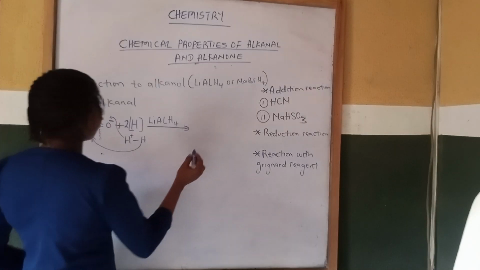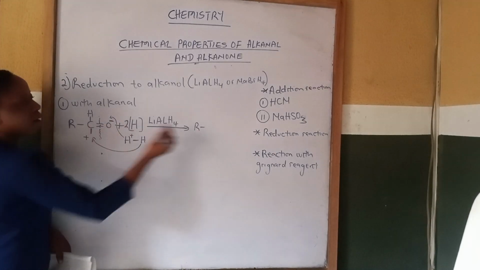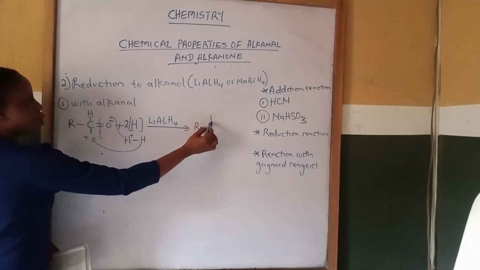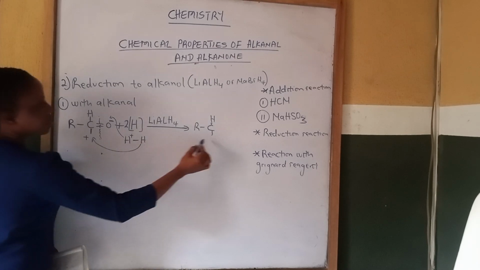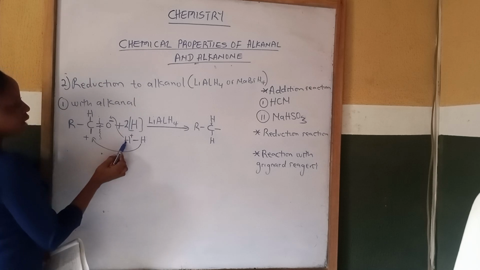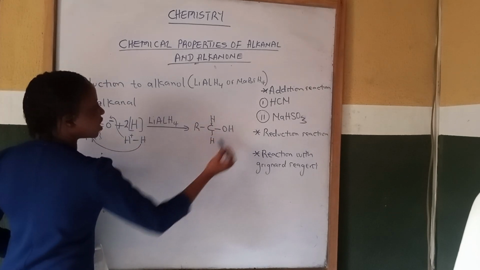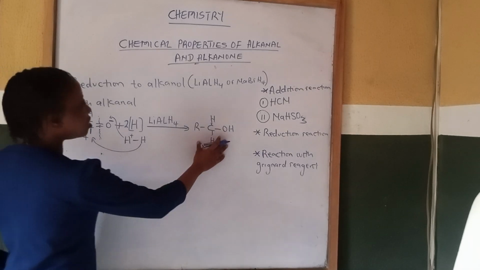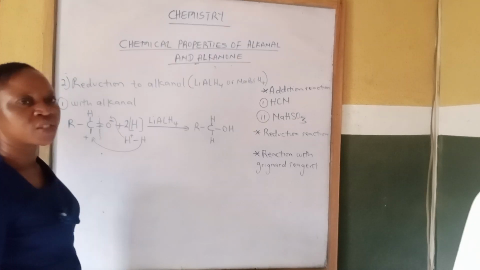So our products will now be R, C, then the hydrogen that we have up, then this hydrogen will come here, followed by OH, the hydroxyl group. So this is the structural formula for alkanol. An alkanol is what is formed.